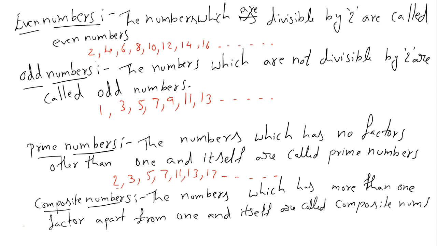So the number should have more than one factor. For example, you can take 4.